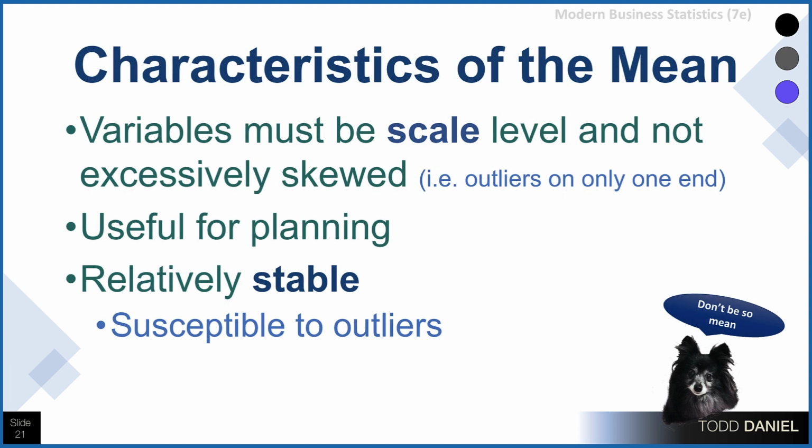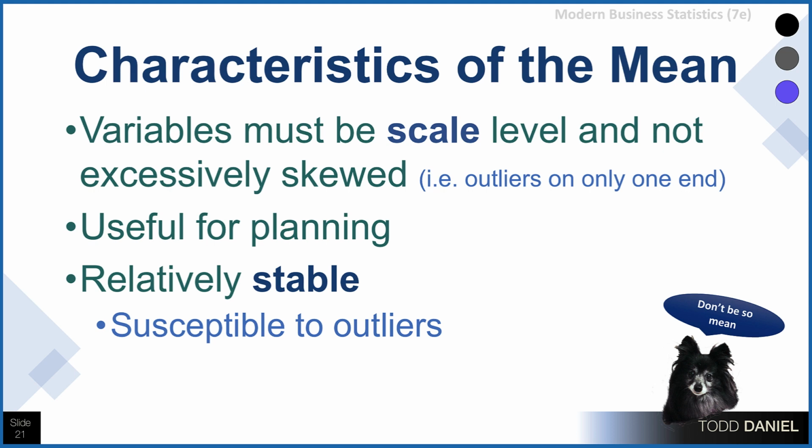The characteristics of the mean: the variables must be at the scale level, interval or ratio, in order to use the mean. And although we can calculate the mean of skewed data, we should be cautious about reporting that mean, or at least report the mean along with the median.